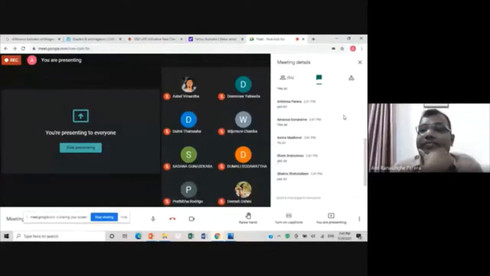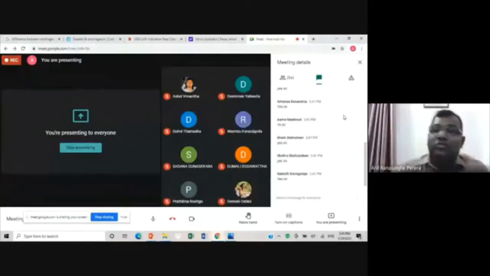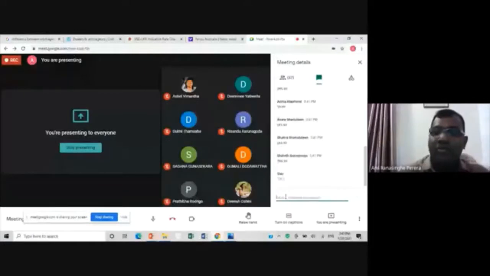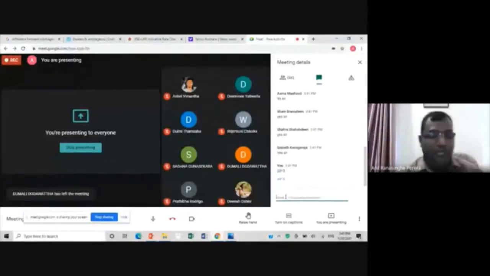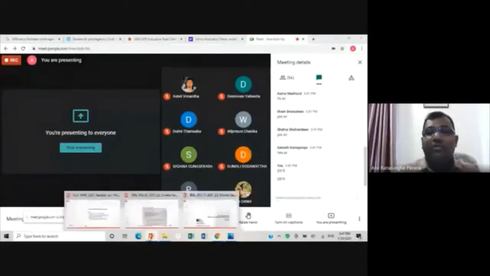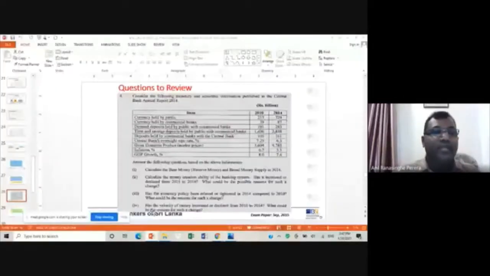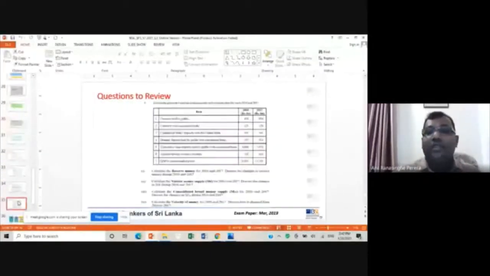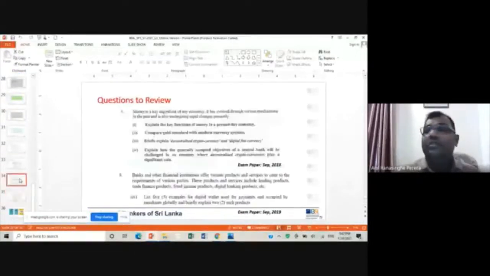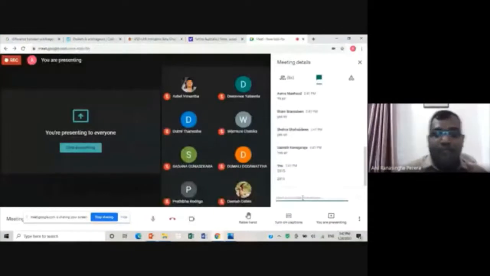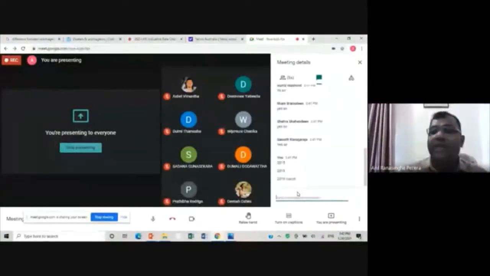Agreed? Right. So to be clear, if you forget it, write down somewhere the 2015 question and the 2019 question, because we need to know how these monetary aggregates are calculated. This is the 2019 March question actually, right? We need to know how these monetary aggregates are calculated and how we can analyze them.